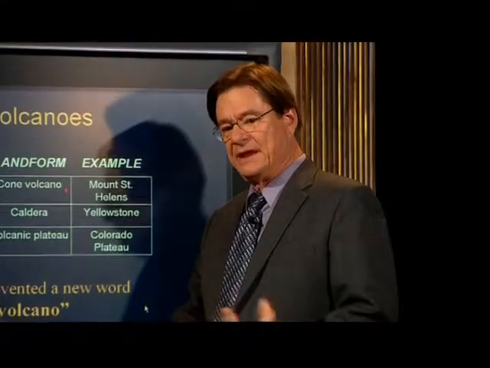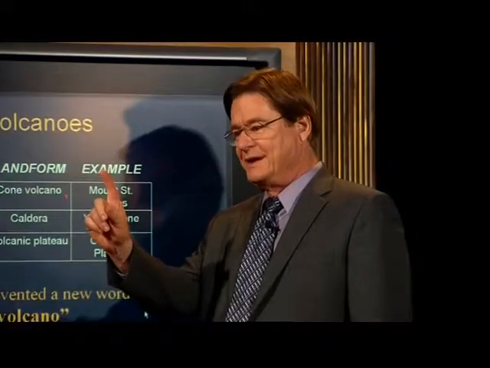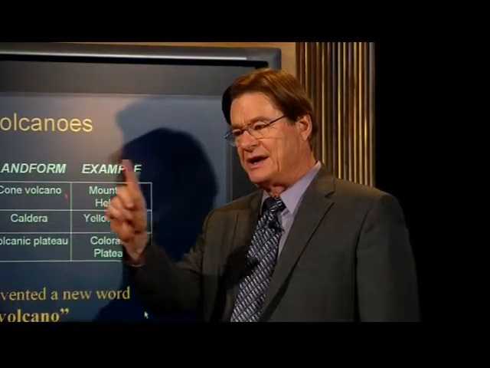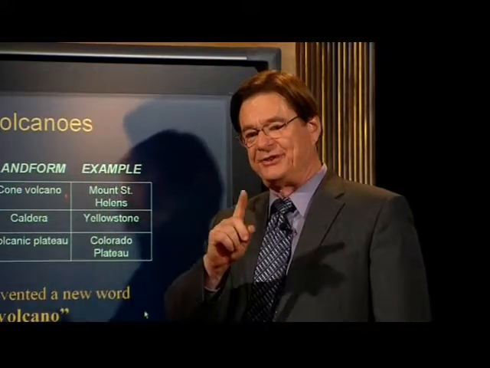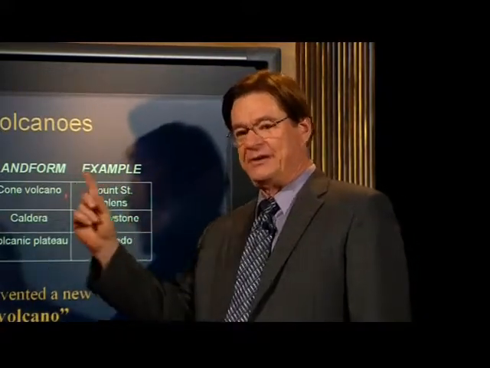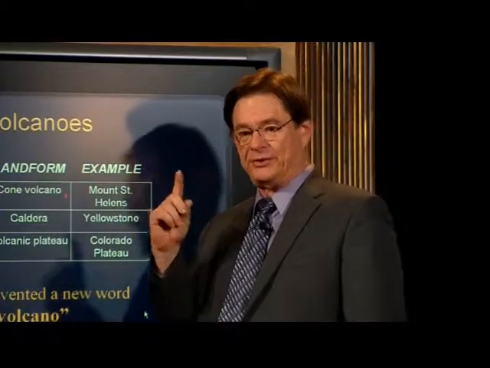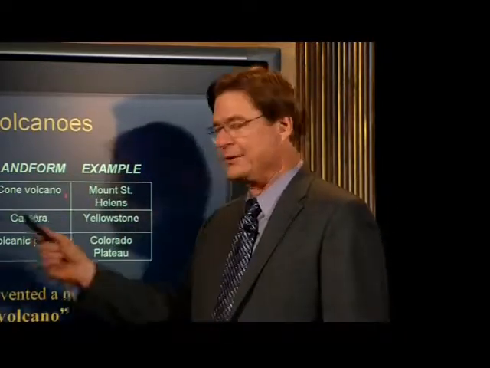Help me understand. When a ring fissure volcano would erupt, what would it look like? It doesn't have a nozzle where it all comes up. It starts from a point, and then it makes a crack. The crack starts extending, and then it turns around into an ellipse or a ring. That's why we call it a ring fissure.